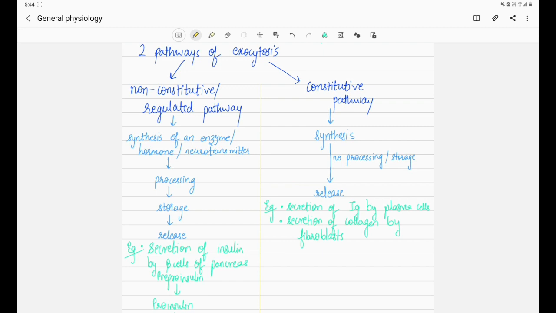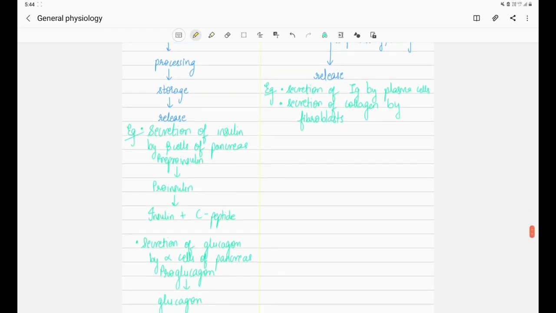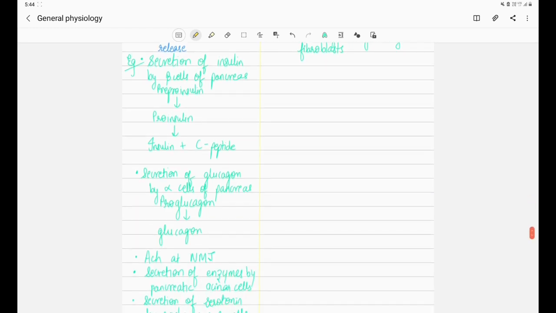Examples of the non-constitutive or regulated pathway are secretion of insulin by beta cells of the pancreas. There is pre-proinsulin, then proinsulin, and then insulin plus C-peptide. Similarly for glucagon by alpha cells of the pancreas, there is proglucagon and then glucagon.